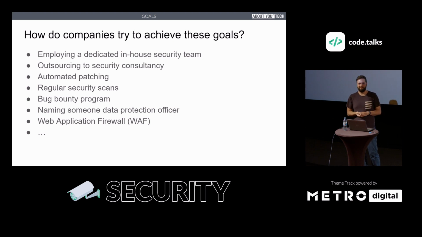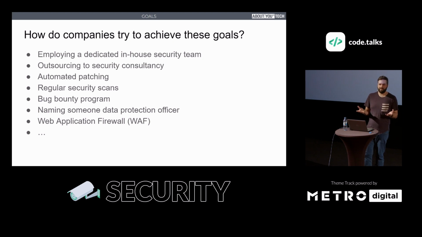I also heard about this company that just named someone data protection officer and then be done with security. That happens. And some rely on web application firewalls and so on. Right? So, and I'm not saying that any of these measures are necessarily bad. It is bad, though, if you rely on a single measure to solve security for you.